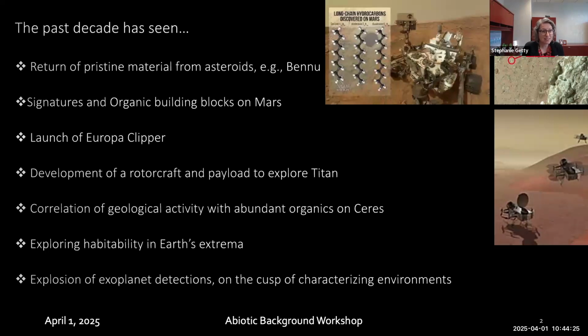There's continued interest in Ceres, as we know, as potentially a dwarf planet, definitely as a dwarf planet, but potentially a region of the solar system that is a snapshot of this gray zone between prebiotic and biologic or habitable environments in our solar system. Of course, this is all complemented by field work, going to extreme environments on Earth and understanding the limits of biology on our home planet.